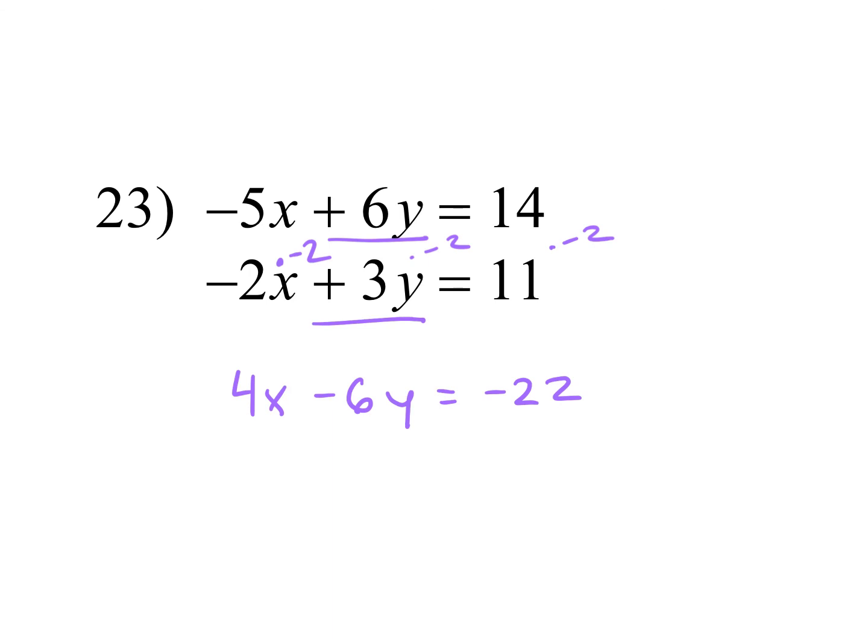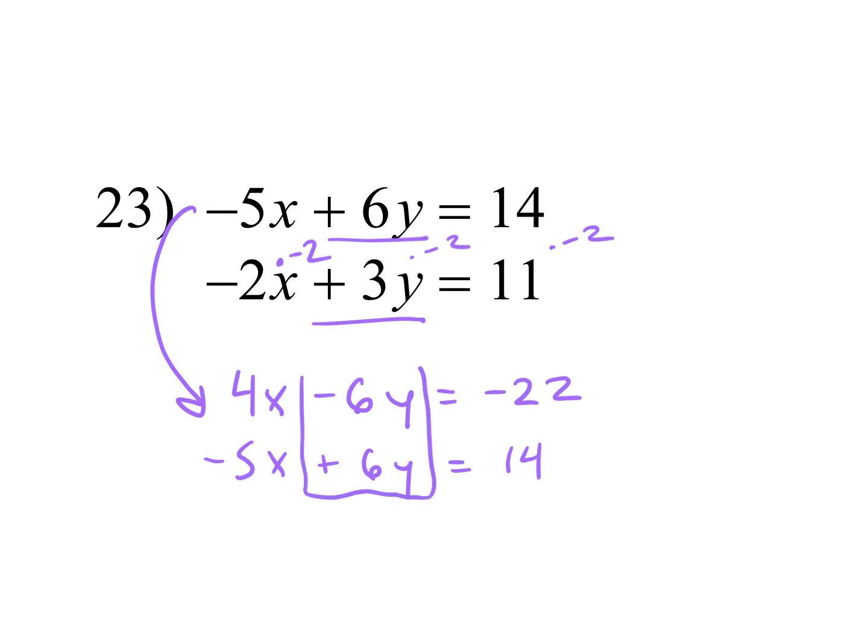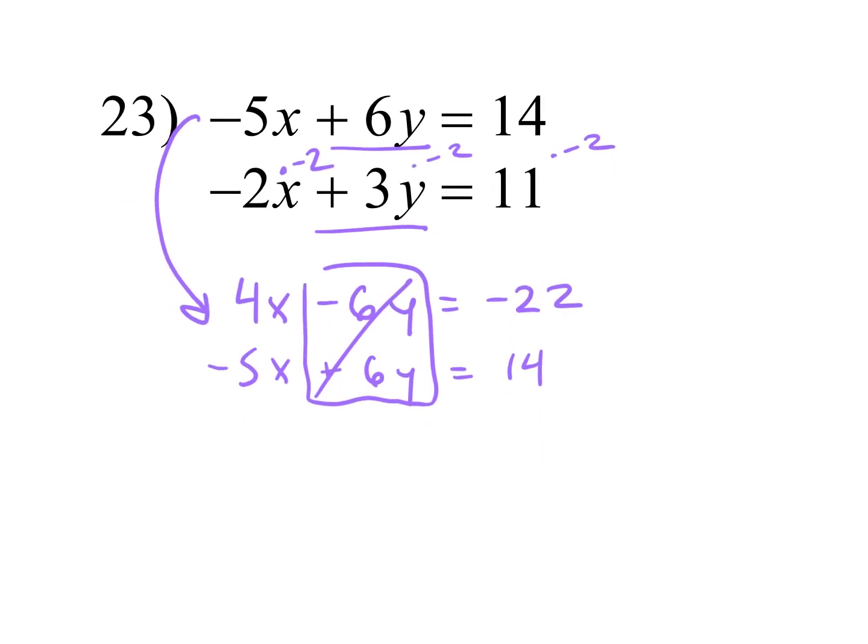So I have 4x minus 6y is equal to negative 22. I'm just going to rewrite the top equation right below it. So this is negative 5x plus 6y equals 14. I see my y's are going to cancel. What's 4x minus 5x? Negative x.